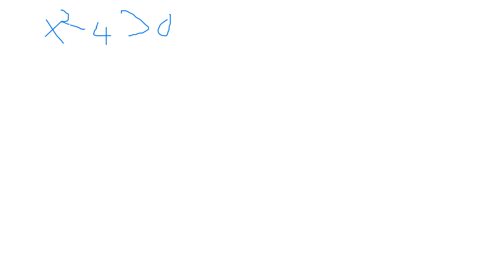So here you're going to have two solutions. The first one will be x squared minus 4 greater than 0. And we are going to have x squared minus 4 less than 0.